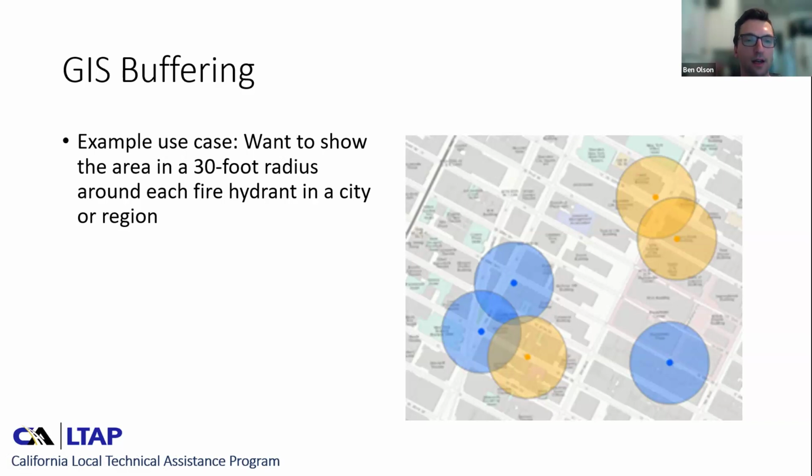There's a whole ton of use cases for buffering, but that's just one I wanted to share as an example. So the buffer is a pretty basic geoprocessing tool that can be very, very powerful.